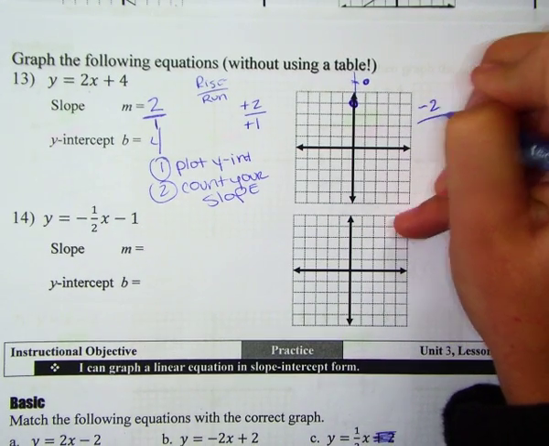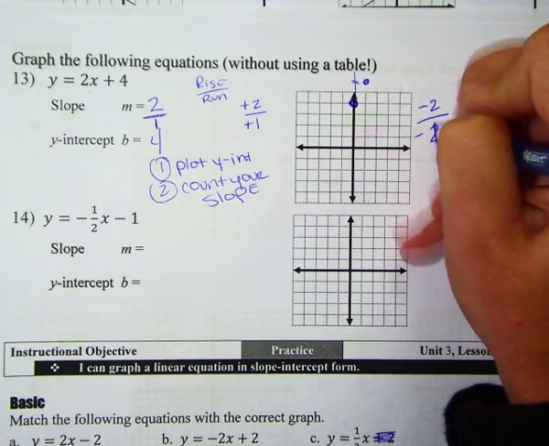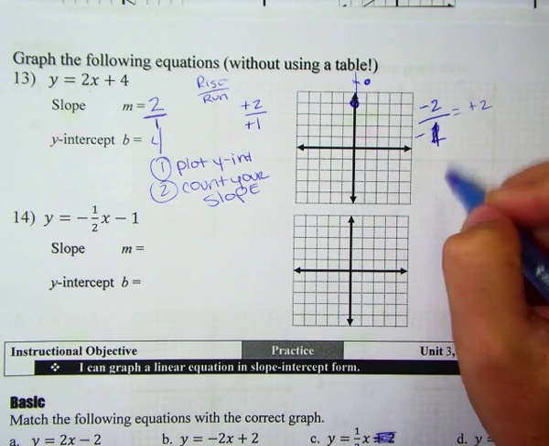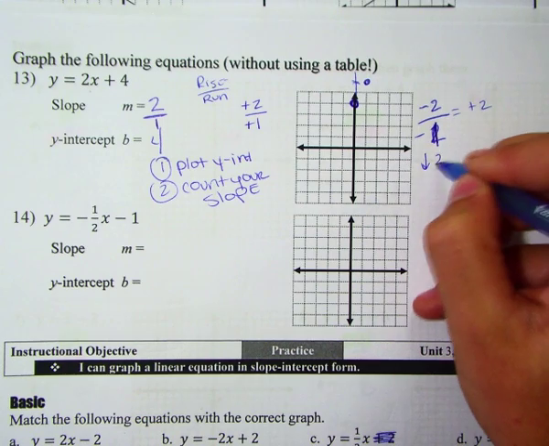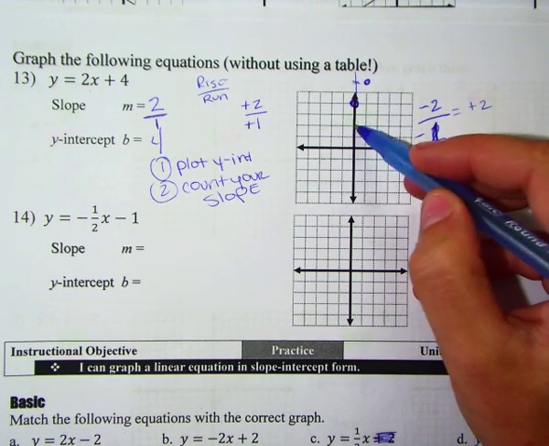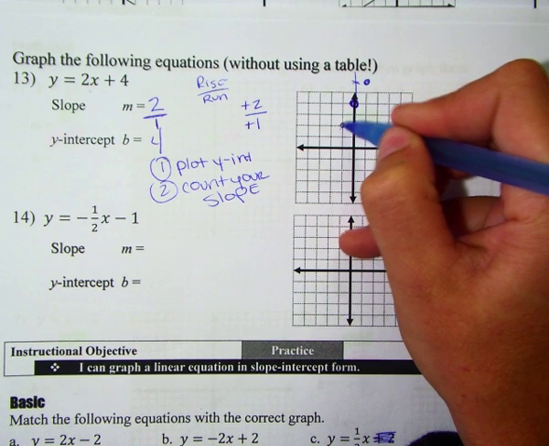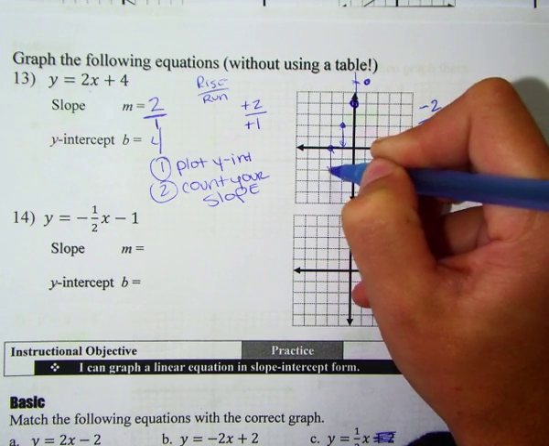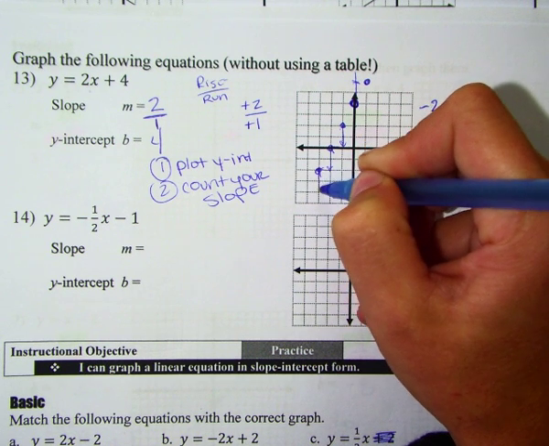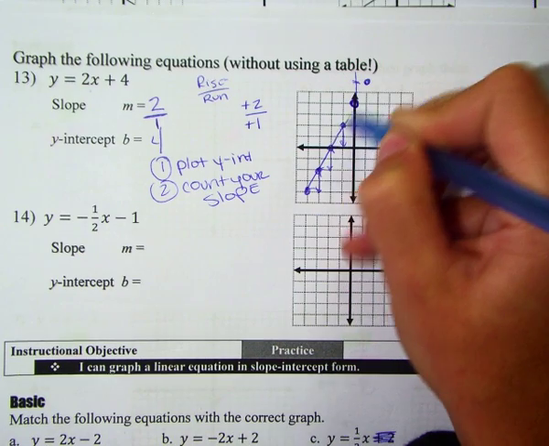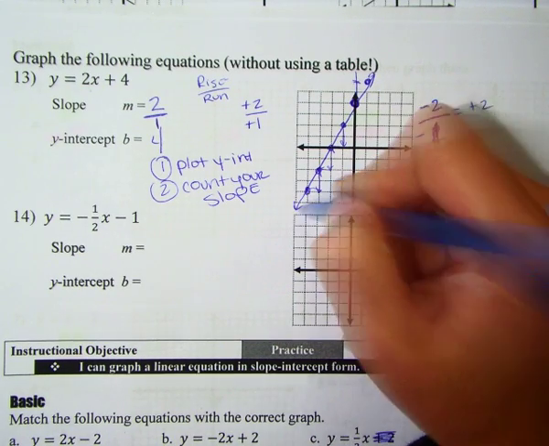Remember that -2 divided by -1 is also equal to a +2. So instead, I'm going to go down 2, left 1, plot my point. Down 2, left 1, plot my point. And here's your line of solutions.